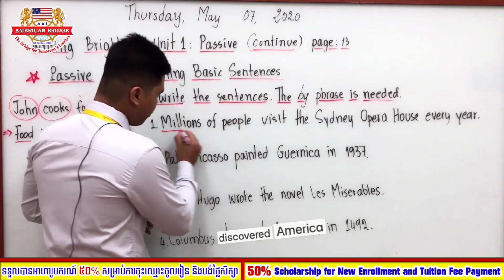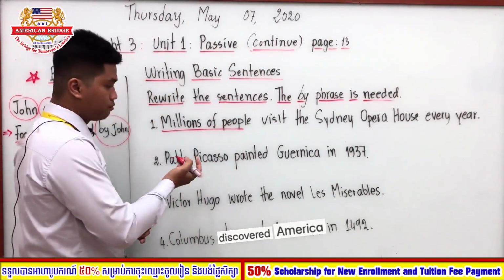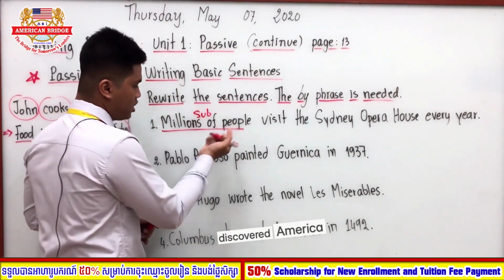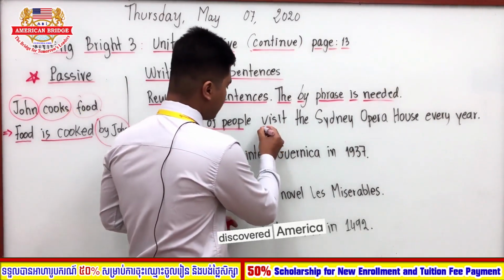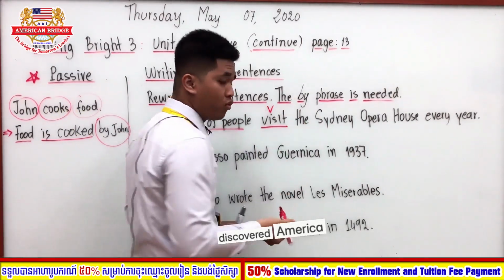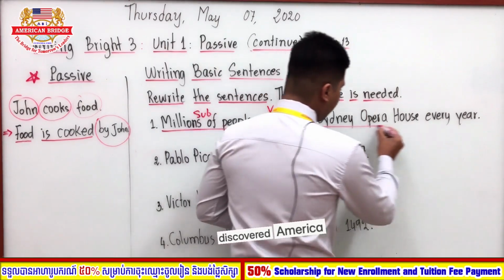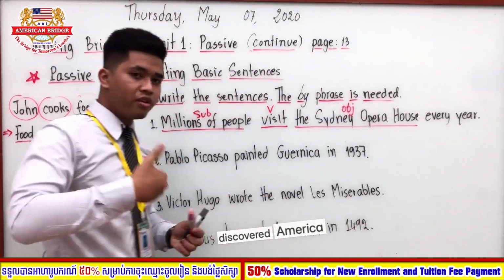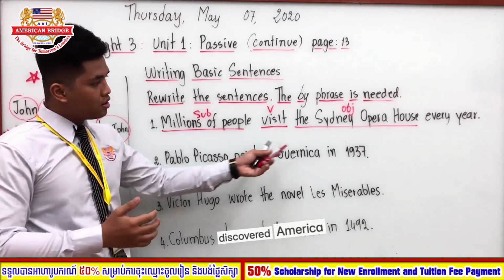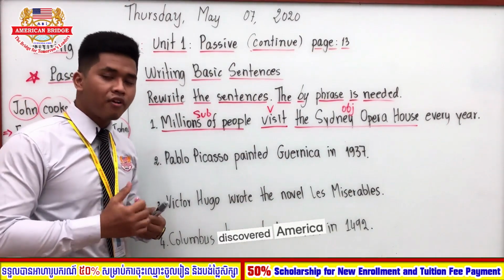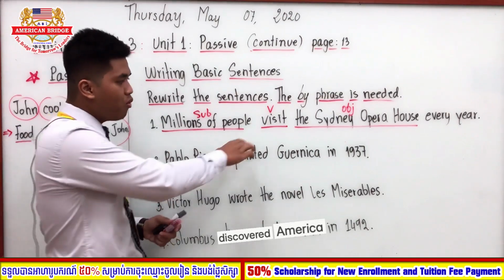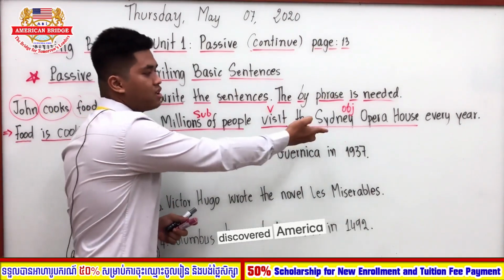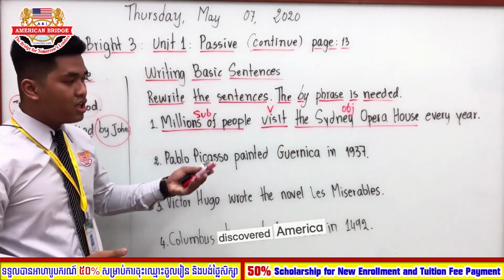Here, millions of people is the subject. Visit is our main verb, and the Sydney Opera House is the object. Again, object refers to the thing that receives the action from the subject. So here, people visit what? Visit the Sydney Opera House every year.